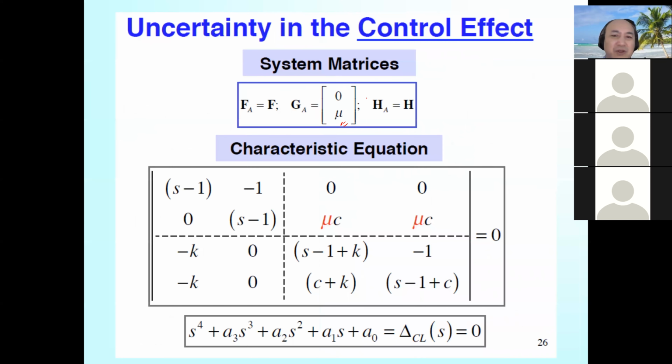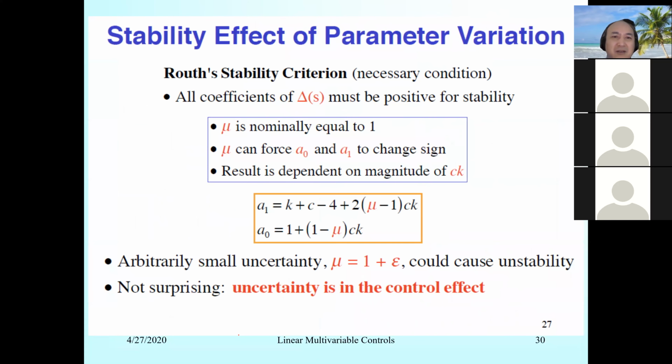And then we recompute, the mu will come in here, the characteristic equation. We solve this closed loop characteristic equation, and it will be like this. And we can solve what the A coefficients are. And here is the Routh-Hurwitz stability necessary condition. Mu is nominally equal to 1, but mu can force A to change sign because A1 is like this, A0 is like this.